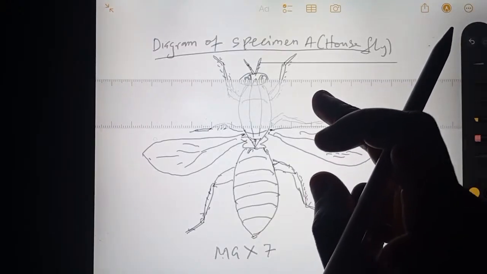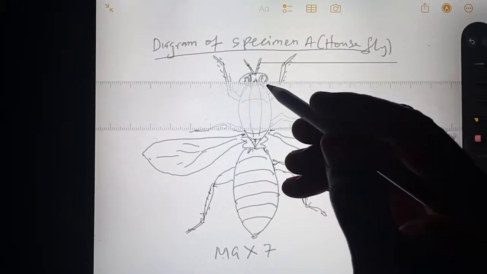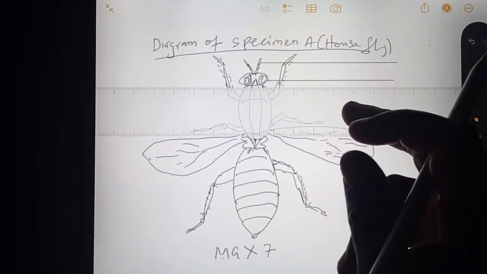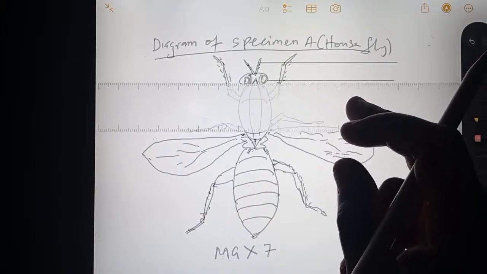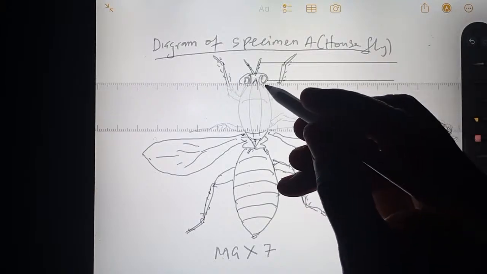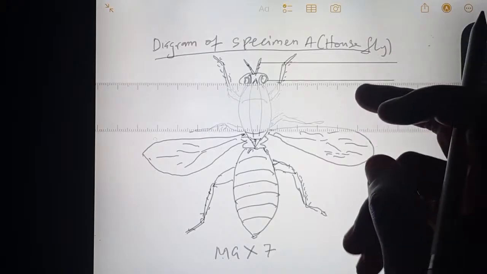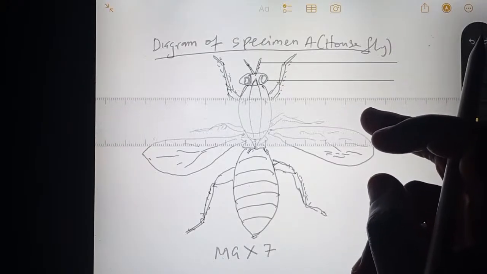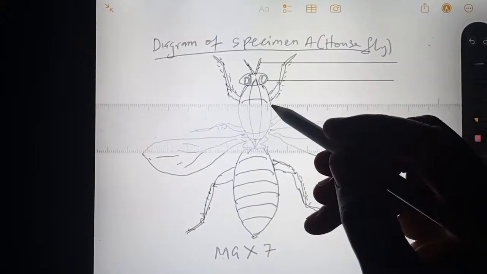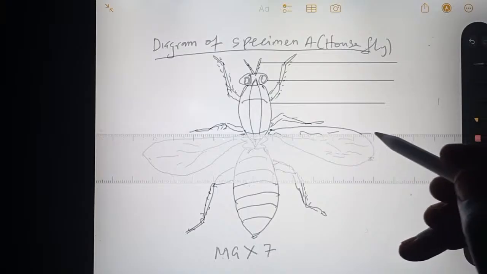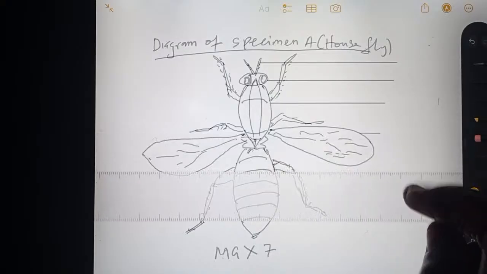Okay. Then here is the head. Over there is antenna. Then in that head you can equally see the eye, the compound eye. You show that. Try to find a way to separate the two. Then here is the thorax. Here is the membranous wing. Here is the abdomen.